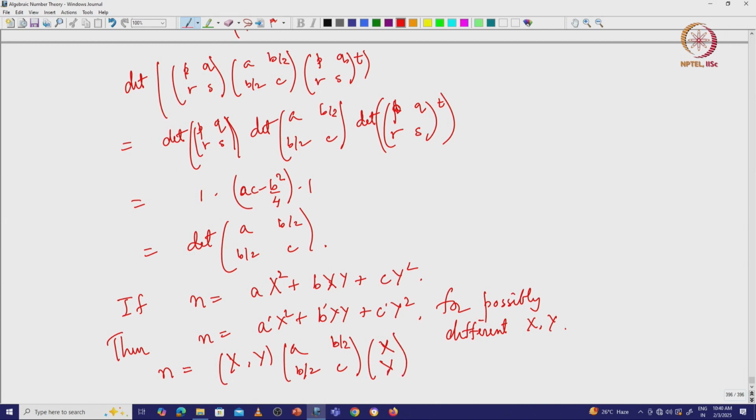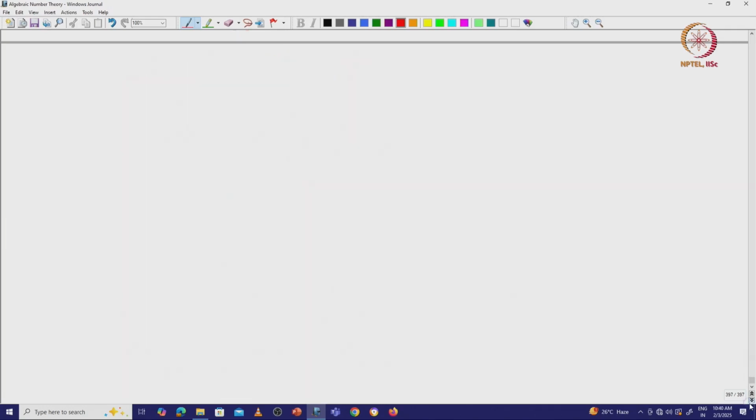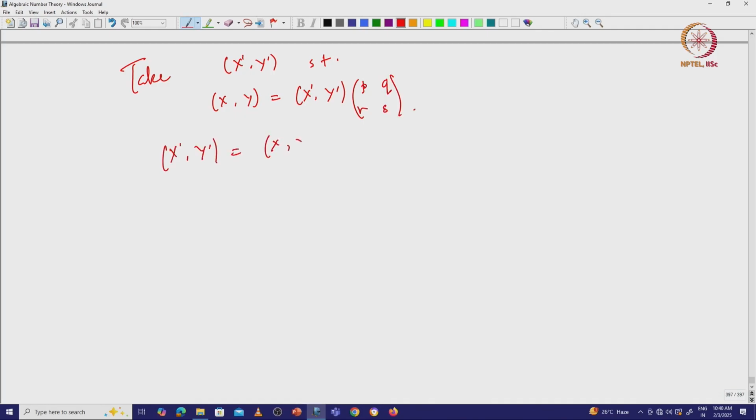But what I can do is take (x', y') such that (x, y) is equal to (x', y') times [p q; r s]. I mean, you just take (x', y') to be (x, y) times [p q; r s] inverse.